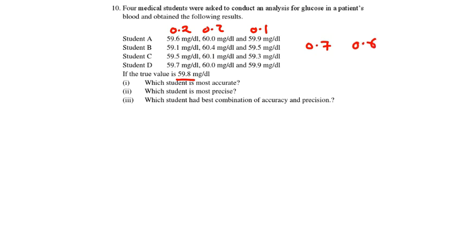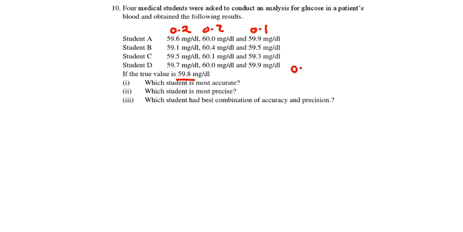Check the third one, 59.5, that's about 0.3 difference. 60.1 is about 0.3 difference. 59.3 is about 0.5, so that has already lost as well. Then the last one, 59.